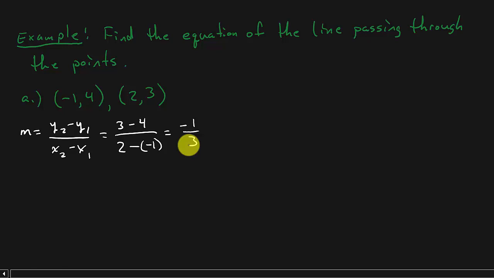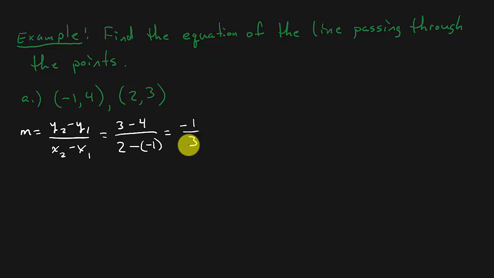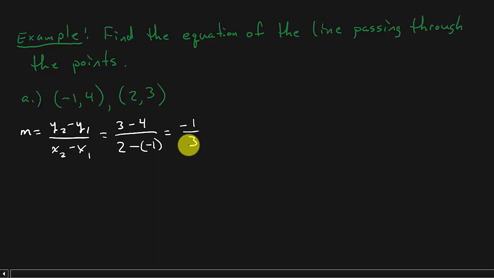So there's the slope of my line. Okay, slope of my line is negative 1/3. Now I have the slope and I have a point on the line. Okay, so now we can do y minus y1 equals m times (x minus x1).